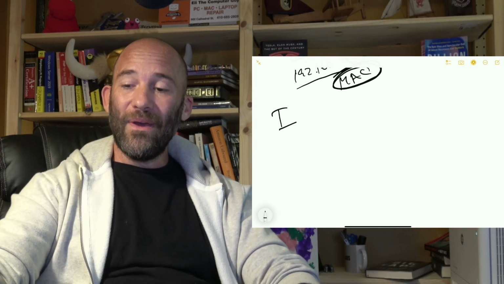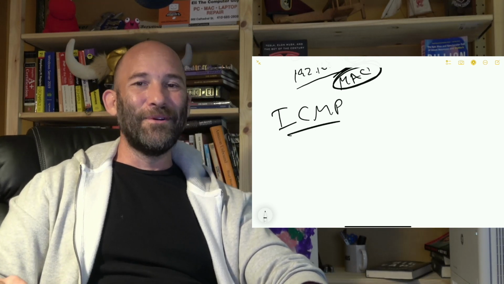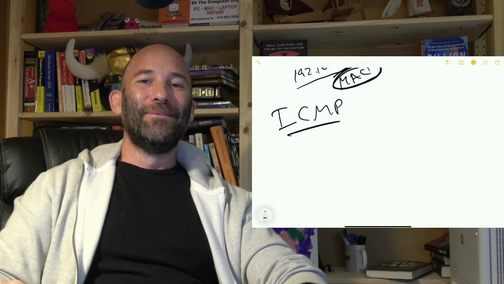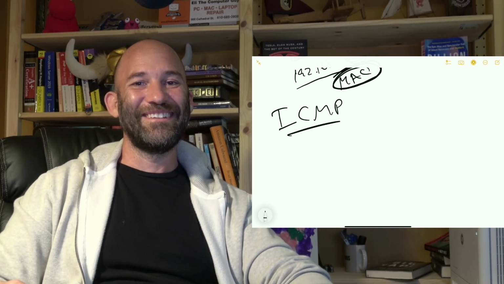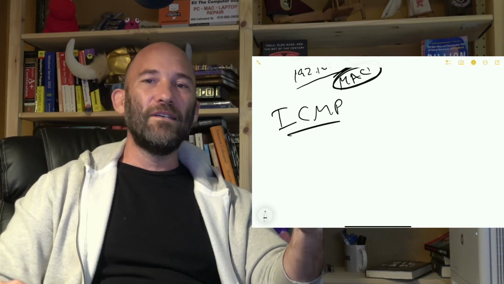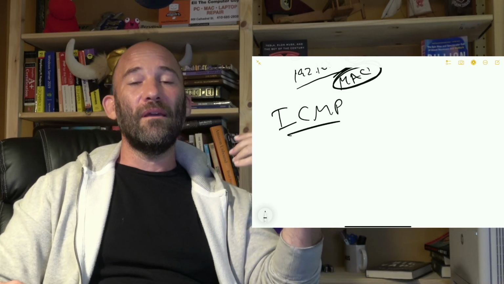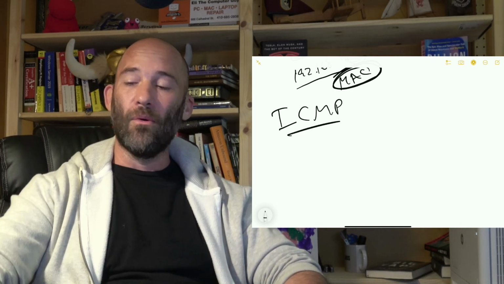Then past that, we have ICMP. And this is the one that can cause you trouble when you start having your interns pretend like they're security experts on your network. So what ICMP is, it's the Internet Control Message Protocol. And basically, this is a protocol that allows you to troubleshoot your network.